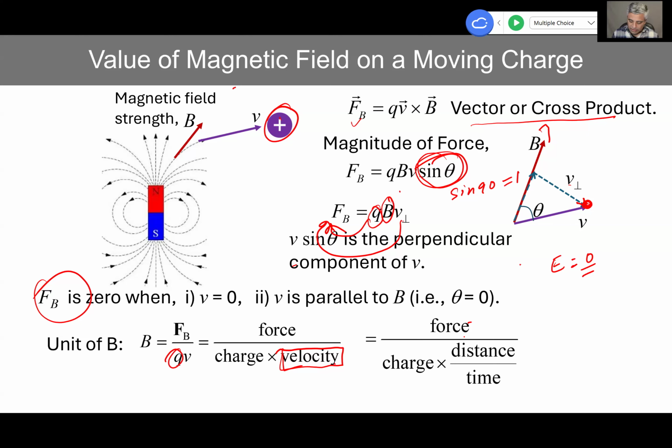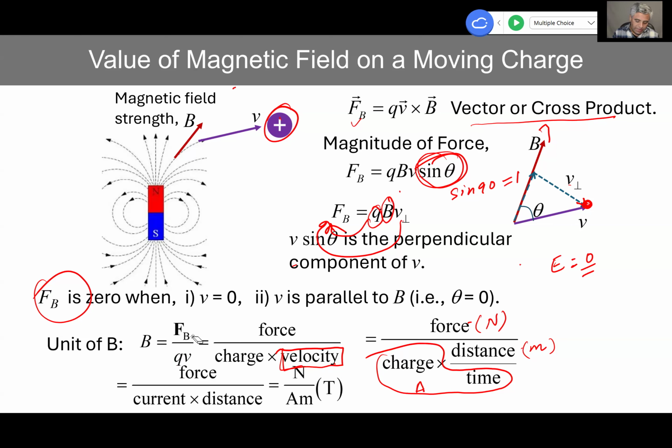So velocity, I wrote as distance over time. Now you can combine this charge and time. Charge divided by time is current, so that's going to be the unit of current, which is ampere. The unit of force is Newton, and the unit of distance is meter. So that means the unit of B, or magnetic field, is Newton divided by ampere times meter.